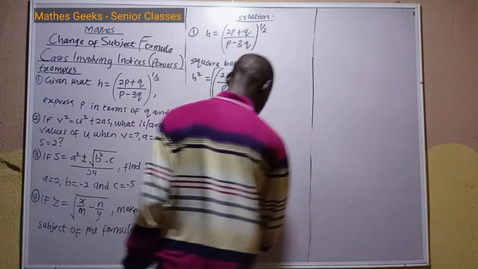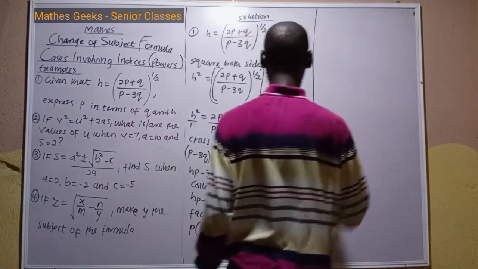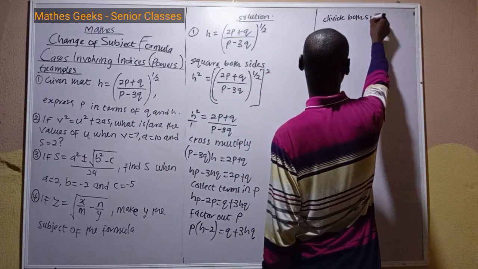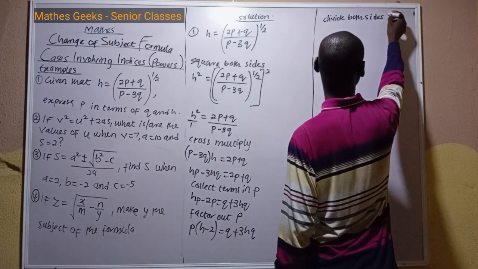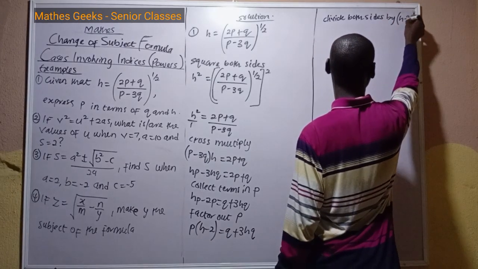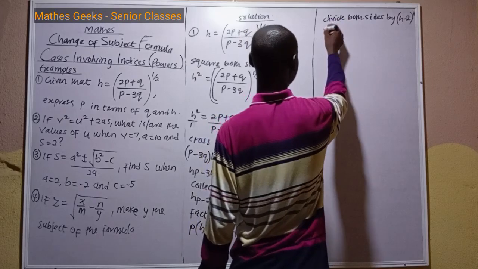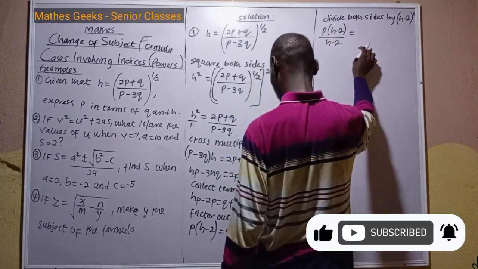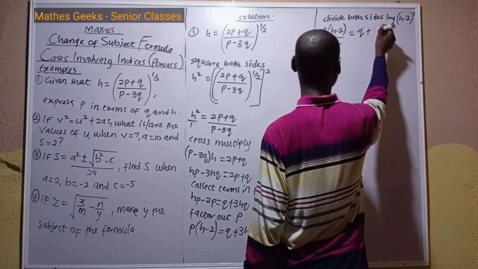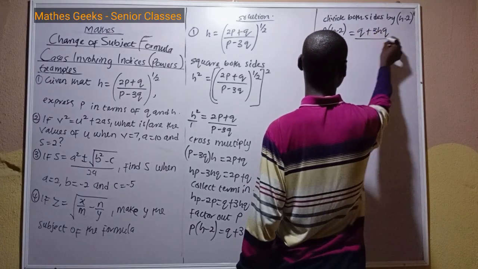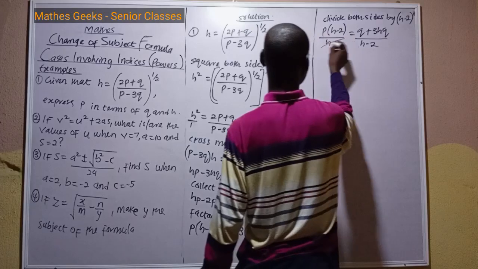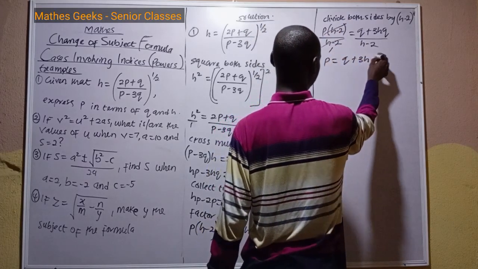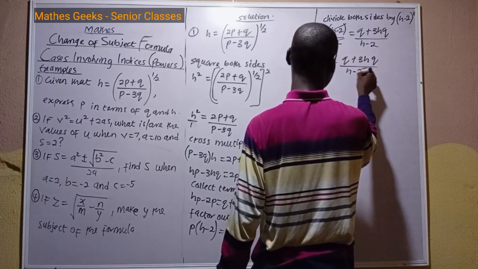Next is to divide both sides by h minus 2. So p equals q plus 2hq over h minus 2.